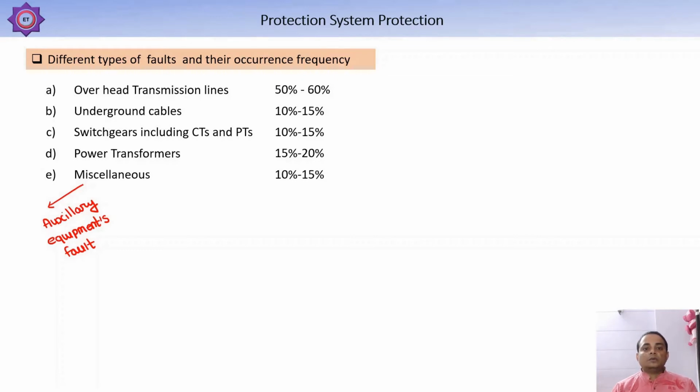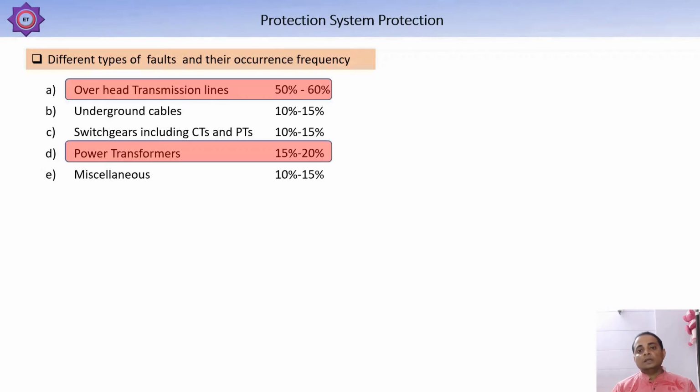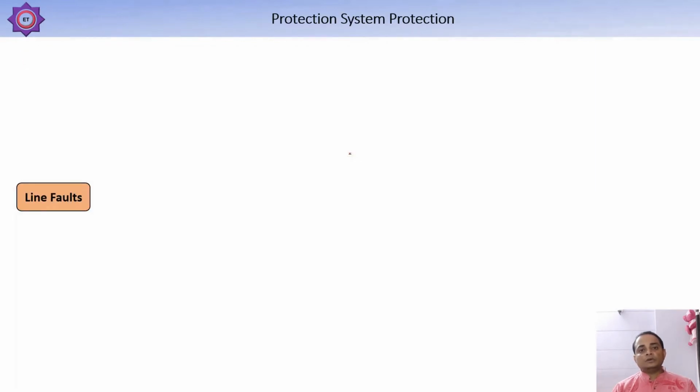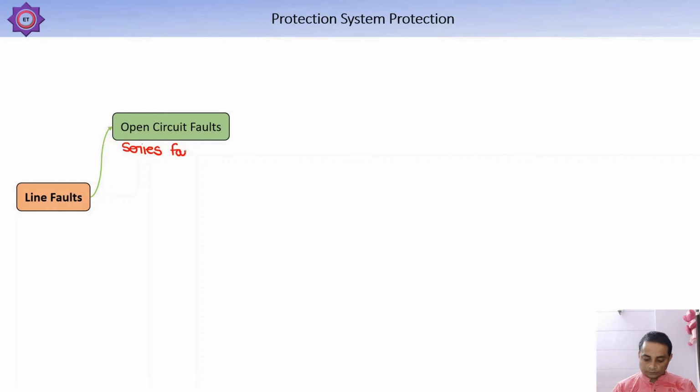By seeing this data, we can say that transmission line and power transformer account for 70 to 80%, which is our main concern. Now, if we focus on line faults, it may be an open circuit fault, which is also called a series fault, and short circuit faults, also called shunt faults.